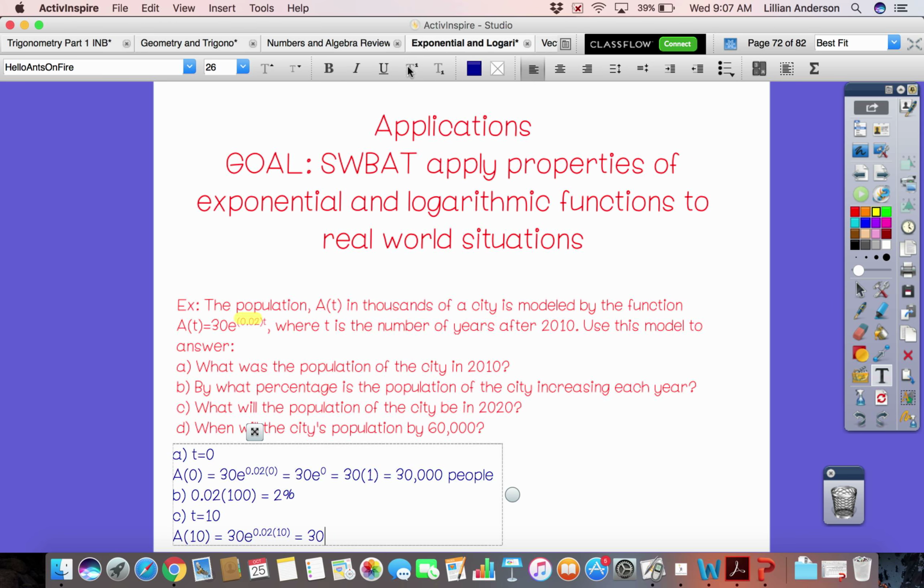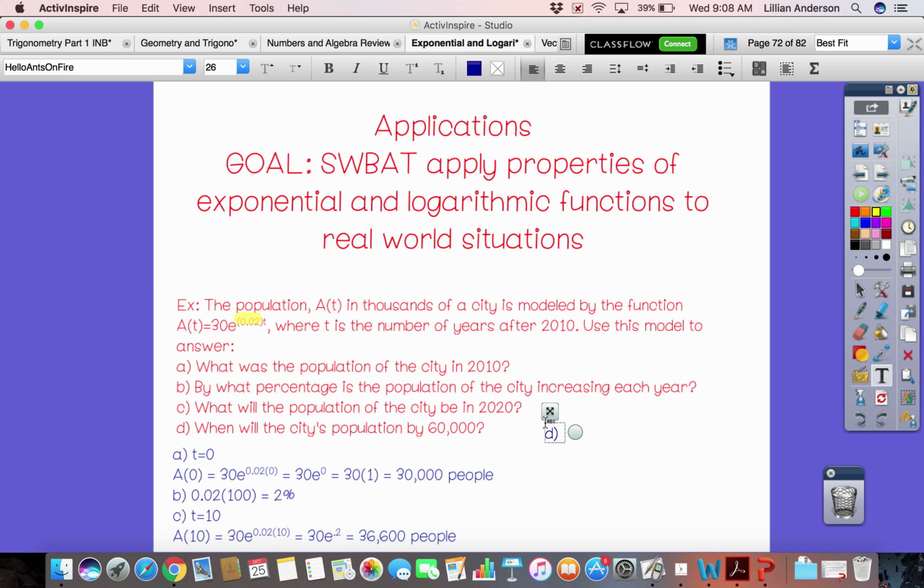So that's going to be 30e raised to the 0.2. And you're basically going to plug that into your calculator. As you can estimate, these particular problems are going to be calculator based, because you are dealing with exponentials. And so when you type it in, you're going to get 36,600 people if you round to 3 significant figures.